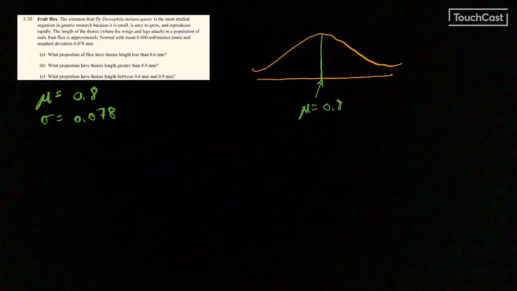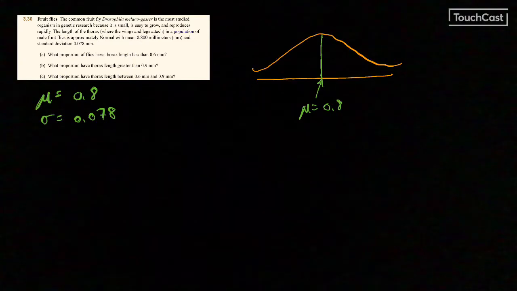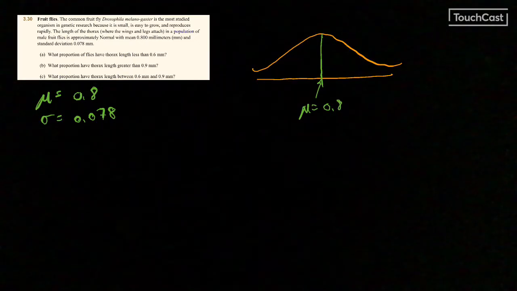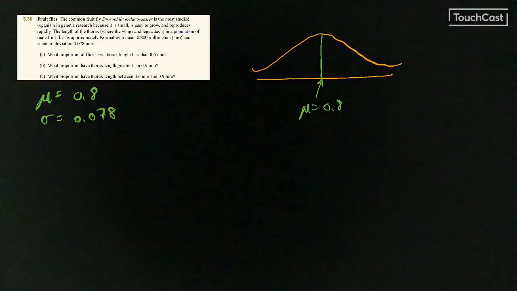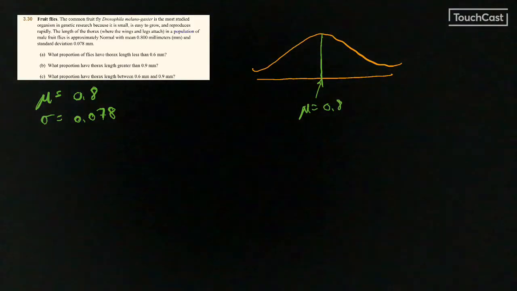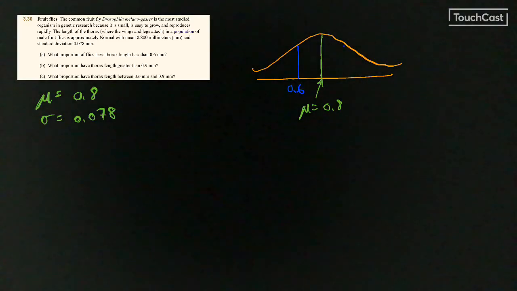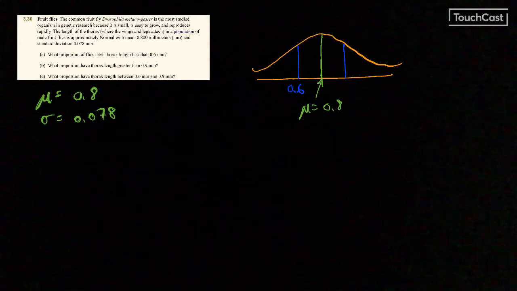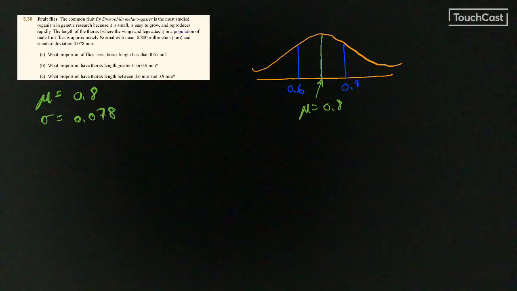Okay, so the last piece of this, part C, is what proportion have a thorax length between 0.6 and 0.9? So in this case, we're going to be looking at two pieces. We're going to be looking at the 0.6, which is here, and we're also going to be looking at the 0.9 here.